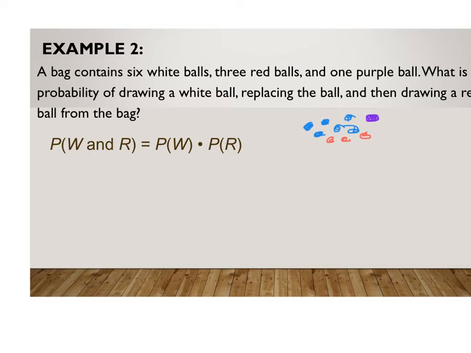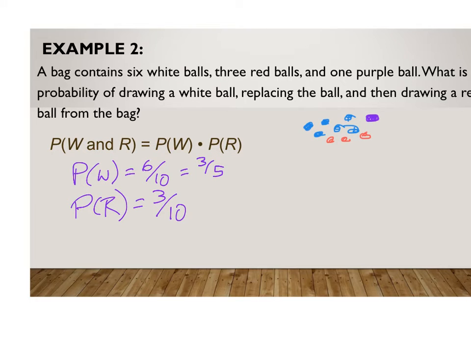All right, so the probability of a white ball, in this case a blue, is I have 6 of them and I have 10 balls altogether. So that gives me 3/5. The probability of a red ball, I have 3 reds out of the 10. That doesn't simplify at all.